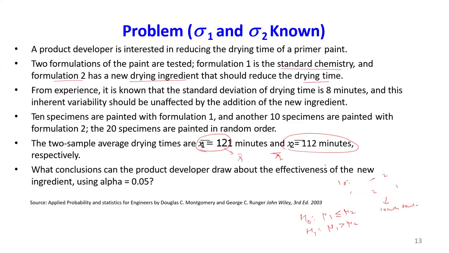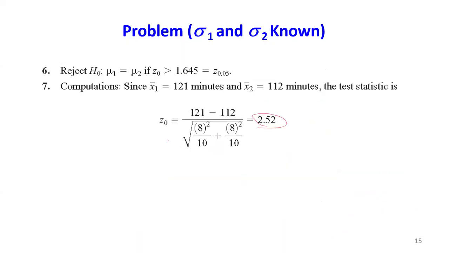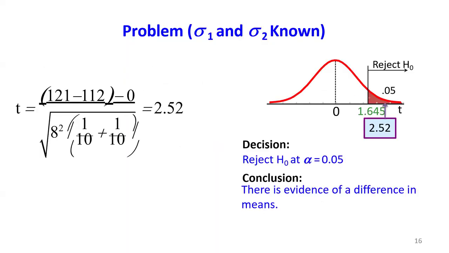Now it is an upper tail test. You found that Z0 is coming out to be 2.52, which is falling on the upper tail side. Now you have to find this particular probability. If this probability is less than 0.05, then you reject your null hypothesis, which says mu1 is less than or equal to mu2.